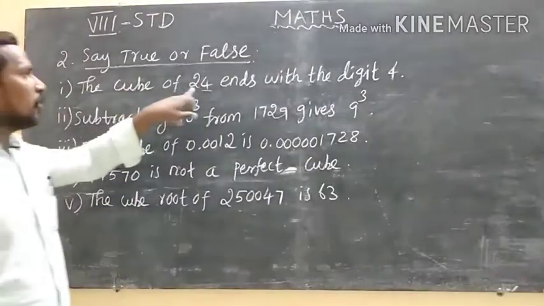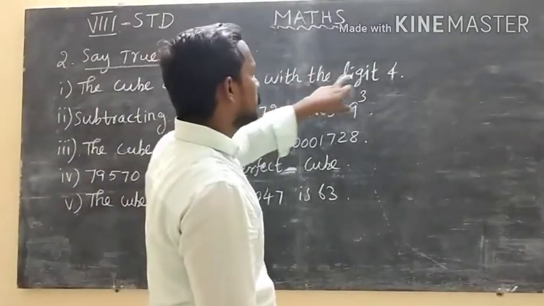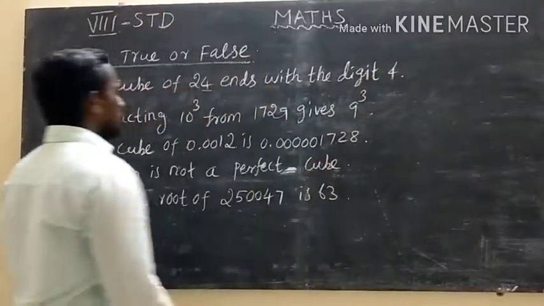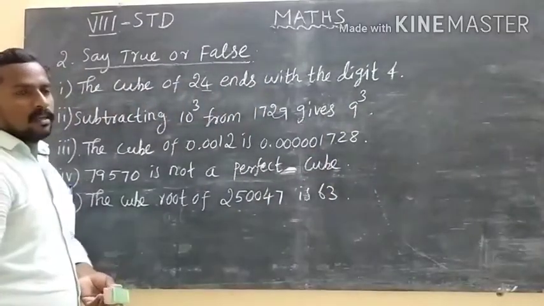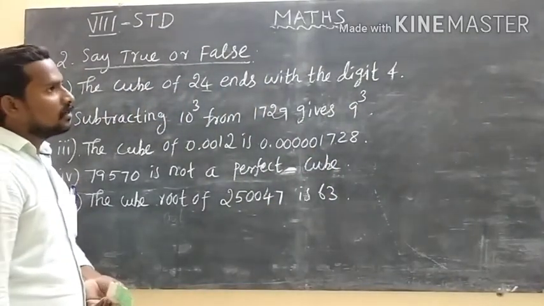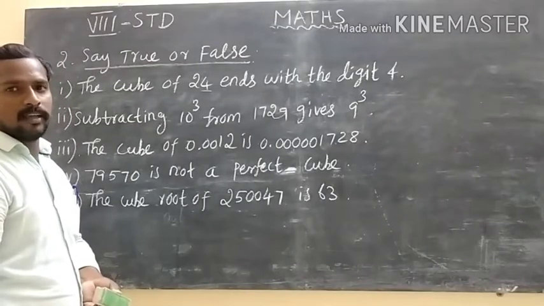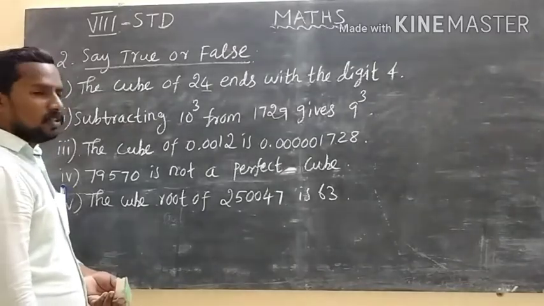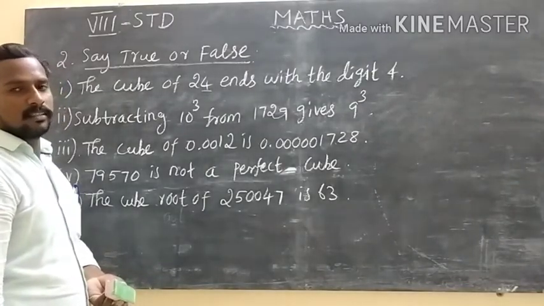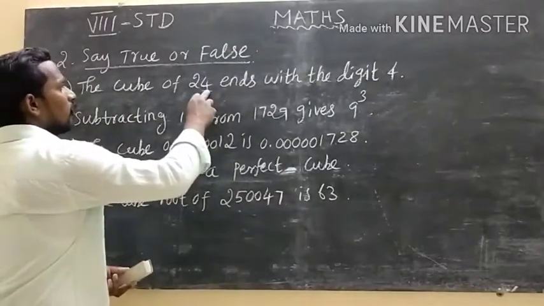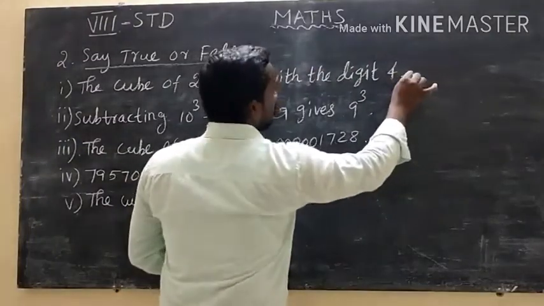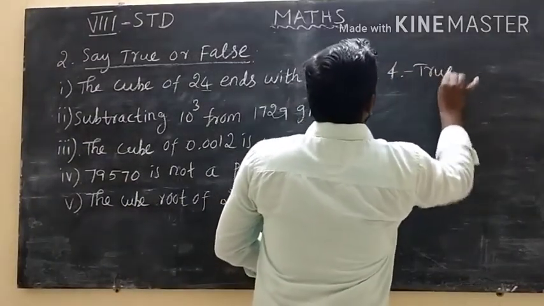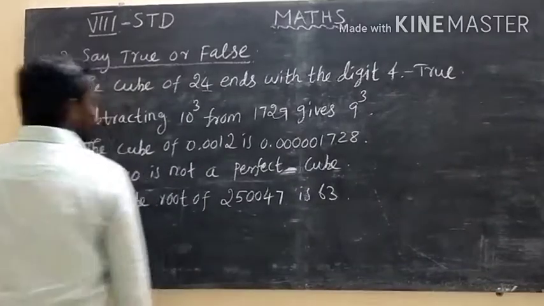This is true because if a natural number ends with 0, 1, 4, 5, 6 or 9, its cube also ends with 0, 1, 4, 5, 6 or 9. So 4 ends with 4. This is true, from the properties of cube numbers.